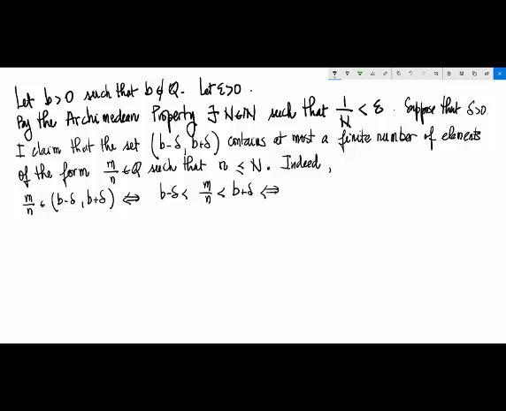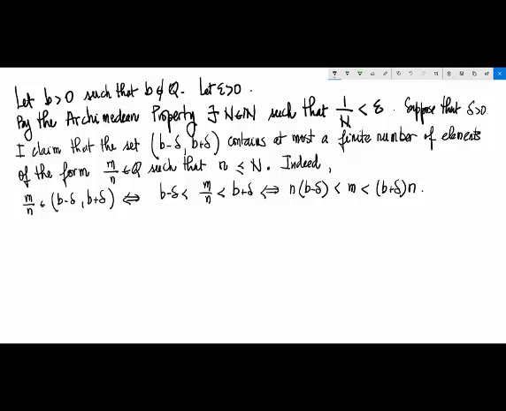This means that multiplying everything by n, we get that n times (b minus delta) is less than m, which is less than (b plus delta) n. So first of all, n is a natural number, and since big N is a natural number, there are finitely many numbers smaller than n, namely 1, 2, 3, all the way till n minus 1.